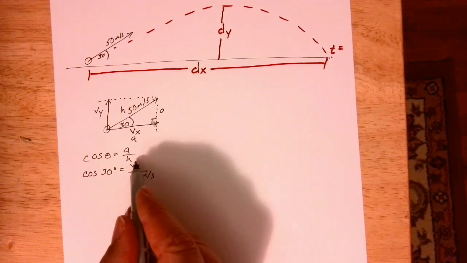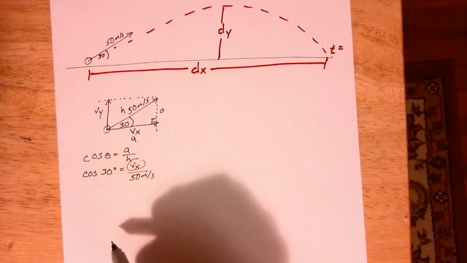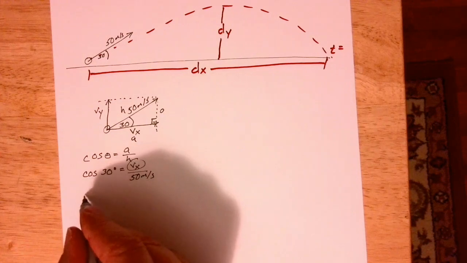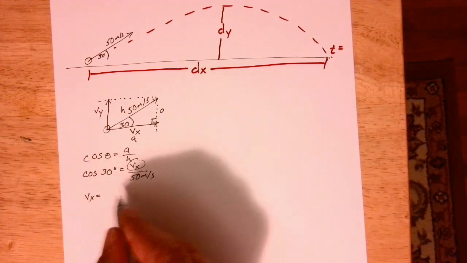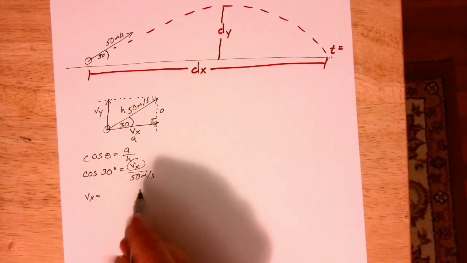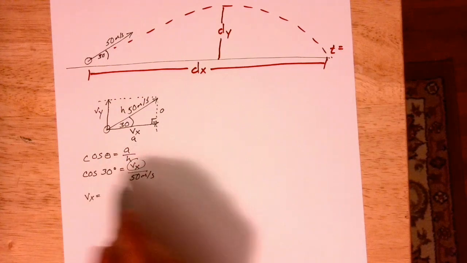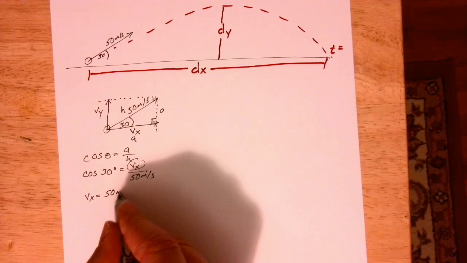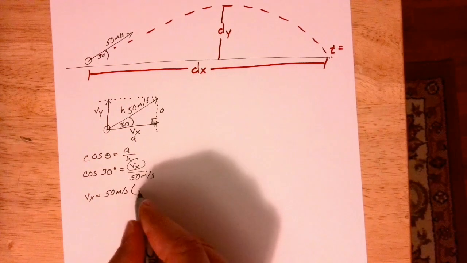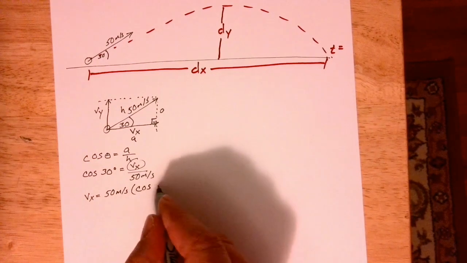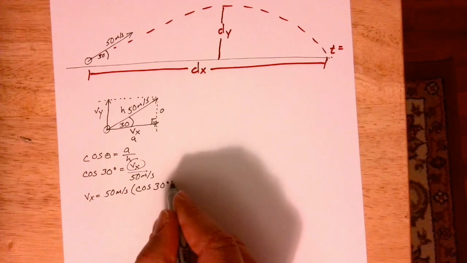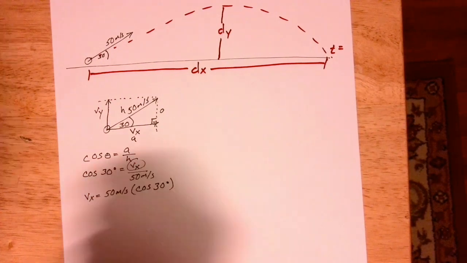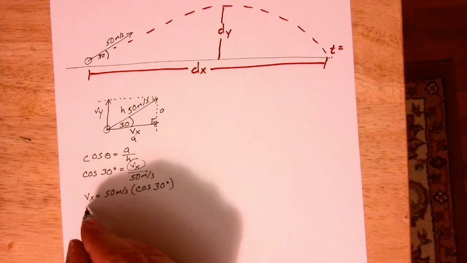So we need to rearrange this, so we solve for v sub x. So Vx is going to be equal to, when you get rid of the 50 meters per second, we have to multiply both sides by 50 meters per second. So you get 50 meters per second times the cosine of 30 degrees. Now make sure that your calculator is in degree mode.